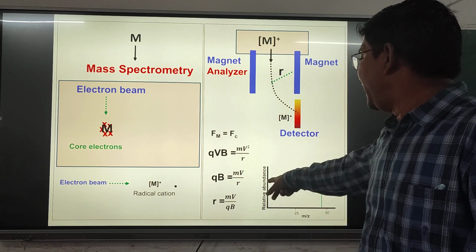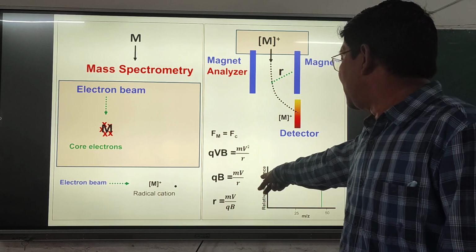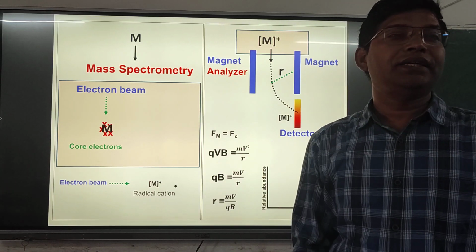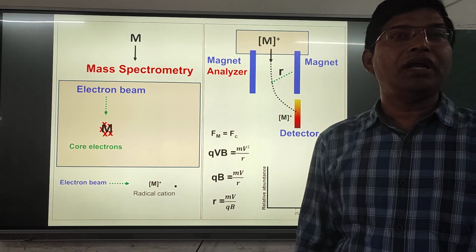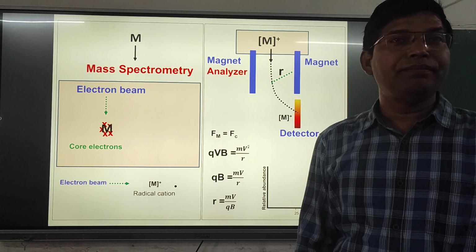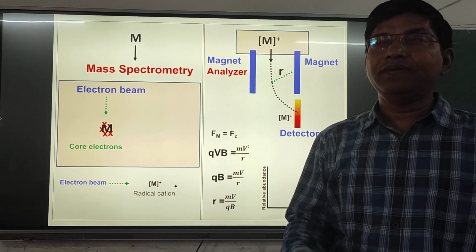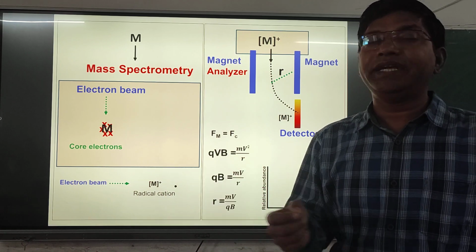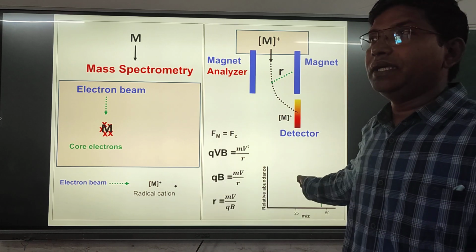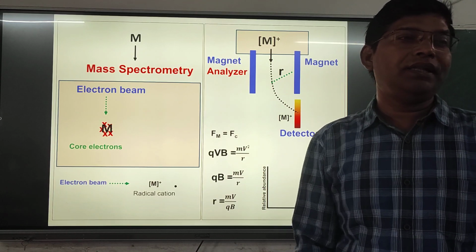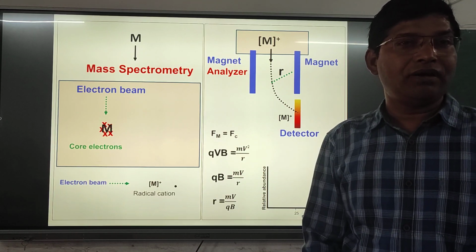Finally we have different R values, and based on that we can detect the molecular weight of the element present in the sample. Different elements have different atomic numbers, so the m by z depends upon their atomic mass.